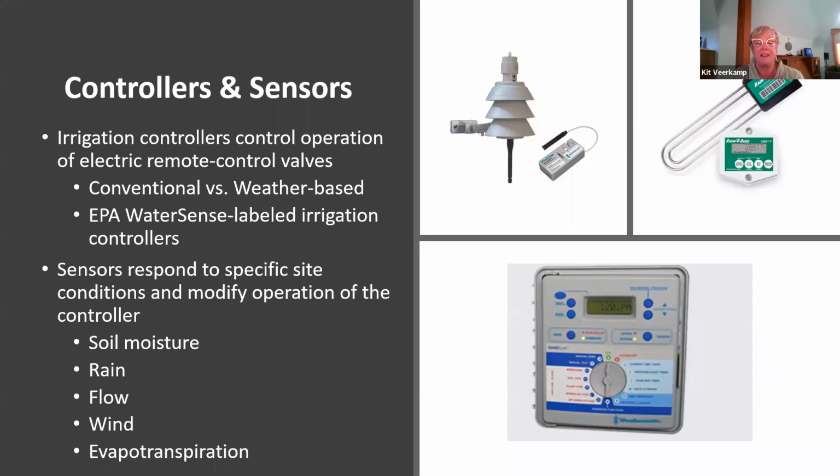There are rain sensors that will shut off the controller, and flow sensors that, if one senses a leak, will shut the system down or have a valve not come on, and it'll tell you. If it senses too much wind, it'll delay the start times, because when the wind is blowing, sprinklers are very inefficient and you're not going to get the coverage you intend.